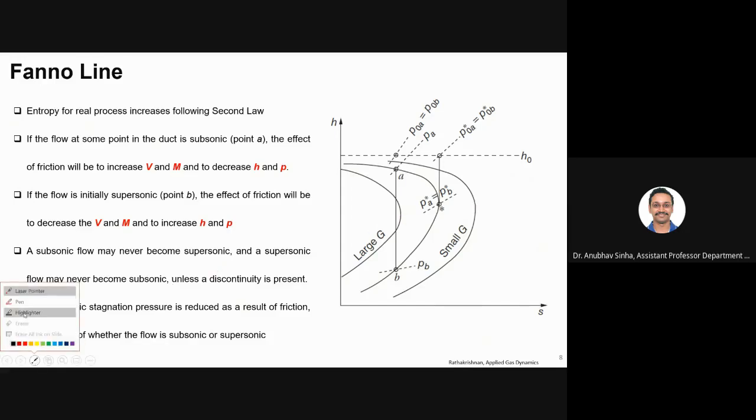The tangent will be vertical. So where the tangent is vertical, that point is your sonic point, choking point. There your throat becomes sonic.